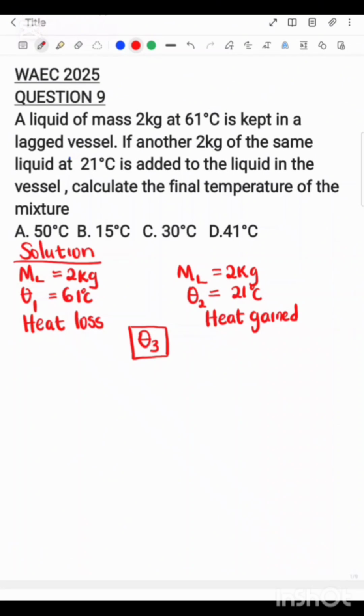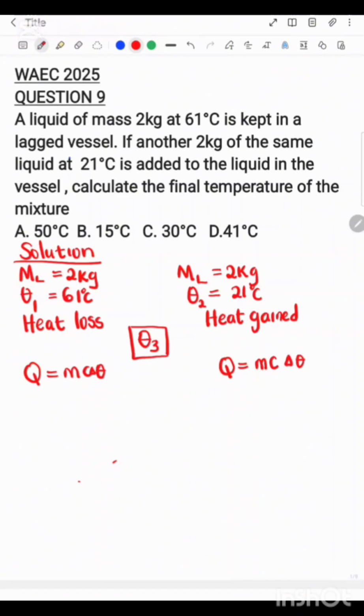So how do we do this? We understand that Q is equal to MC change in theta, sorry, MC delta theta. To find the heat energy, it is going to be mass times specific heat capacity times change in temperature.